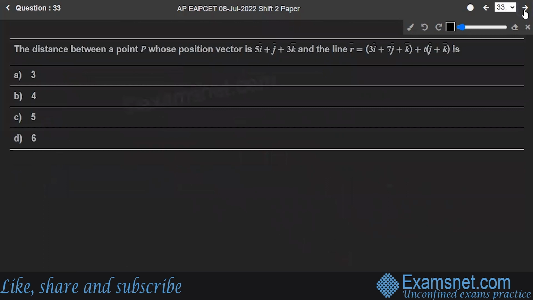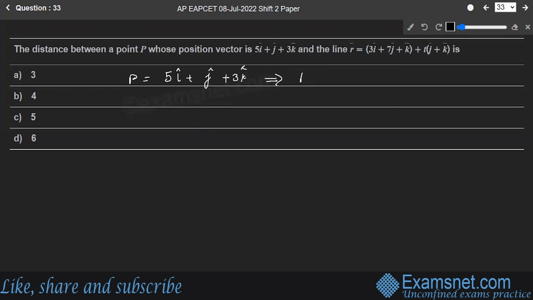Next is question number 33. Distance between a point P whose position vector is given by this and the line this is. All right. So you are given the position of the point P, whose position vector is this, and the line R, this is. P vector is given by 5i plus j plus 3k.